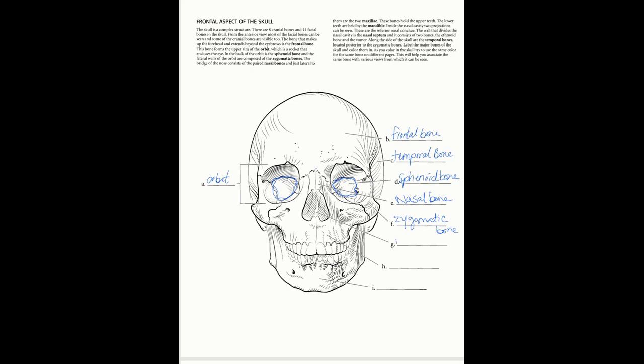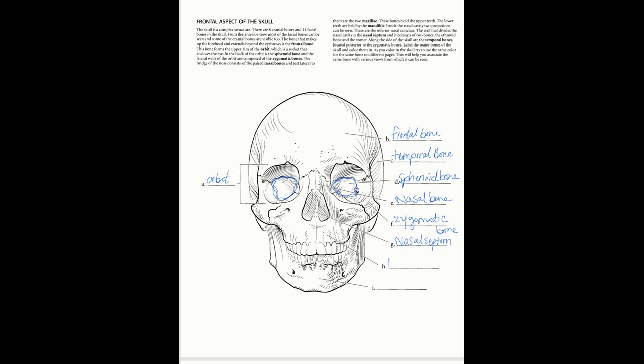G is the nasal septum. This is going to separate left and right nostrils. It's made of two bones that we're going to talk about later on.